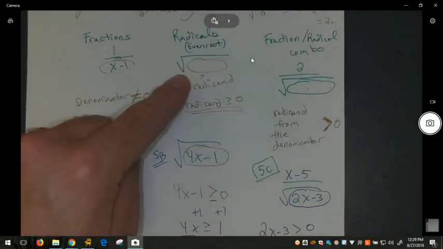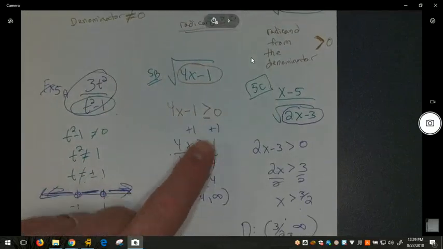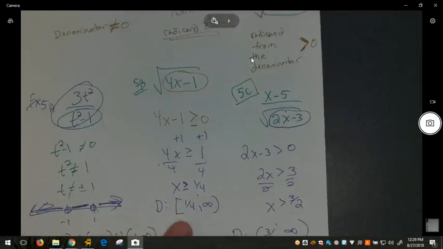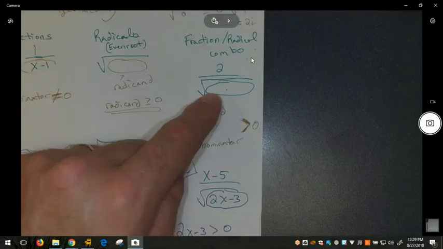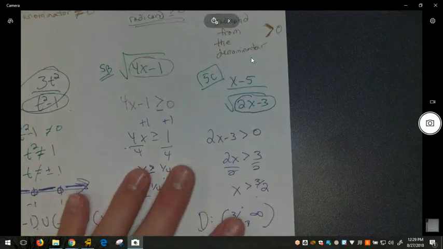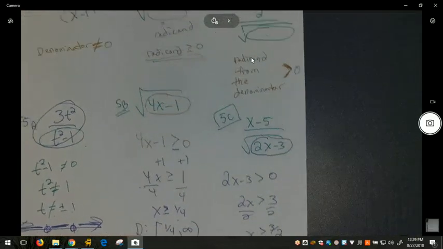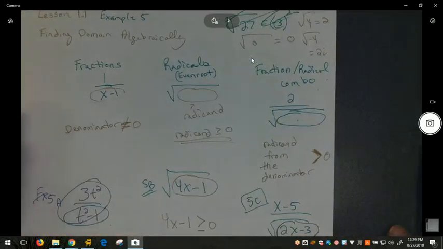If it's a radical, set the radicand greater than or equal to 0, and then write your interval notation. And if it's a radical in the denominator, set the radicand strictly greater than 0, and write that in interval notation. Those are the 3 cases that you have to be particularly careful for when finding the domain algebraically.